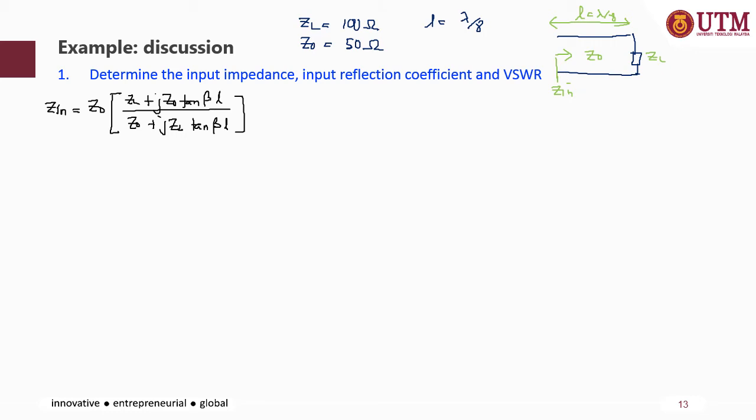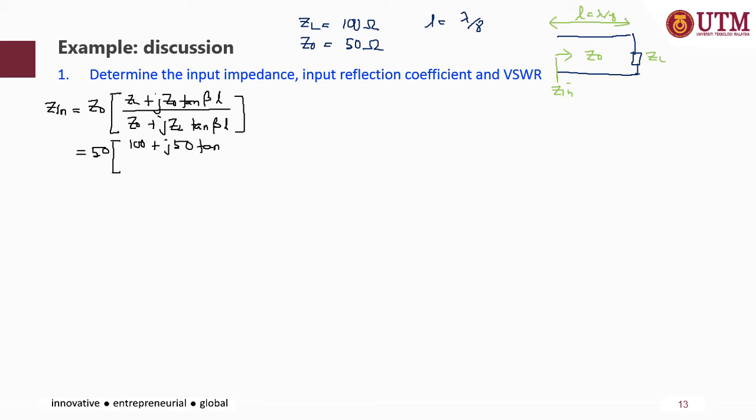You know the Z0, you know the ZL, so you can calculate this straight away. So your Z0 equals 50, ZL equals 100 plus j50 tangent beta.